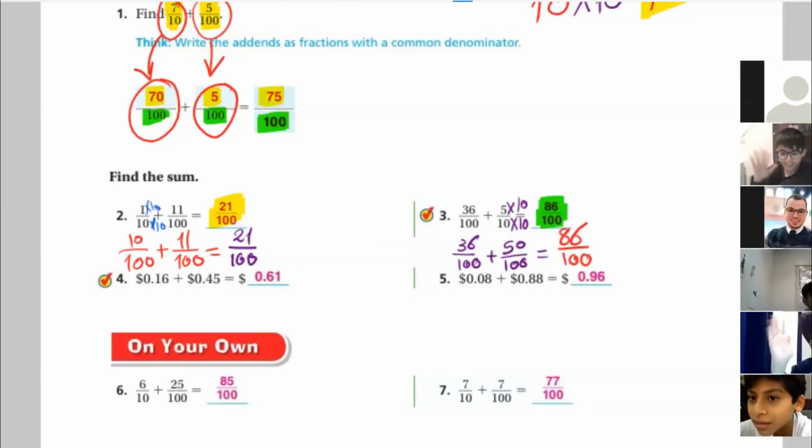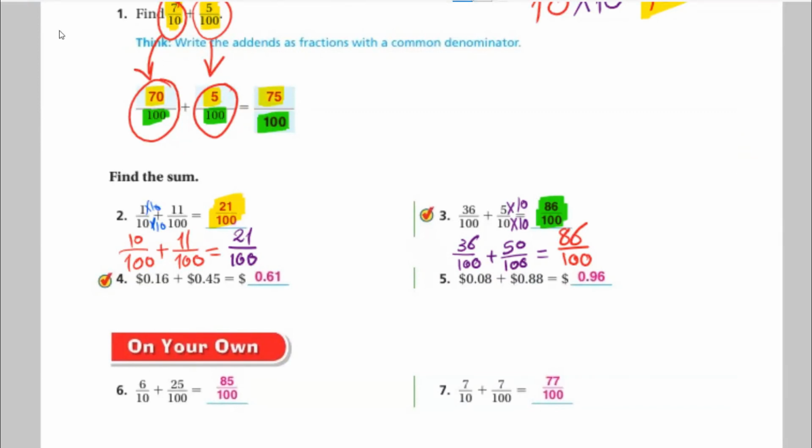I think Ali can help here. It's very easy. Okay, so what are we gonna do to add decimals here? We will add 0.16 and 0.45. First of all, if you want to add decimals, you have to follow the steps.